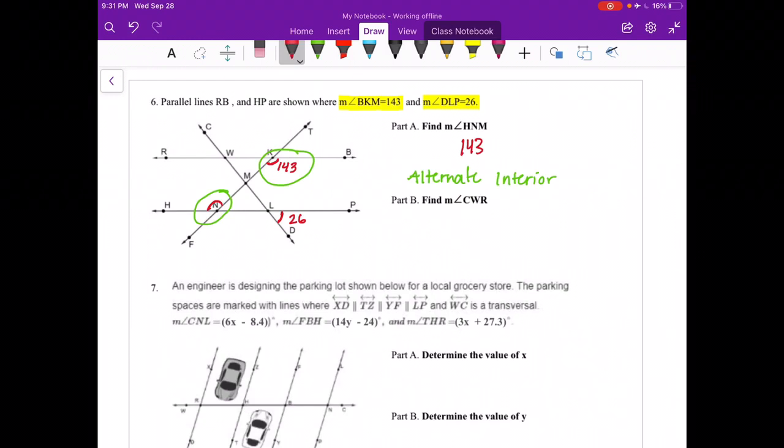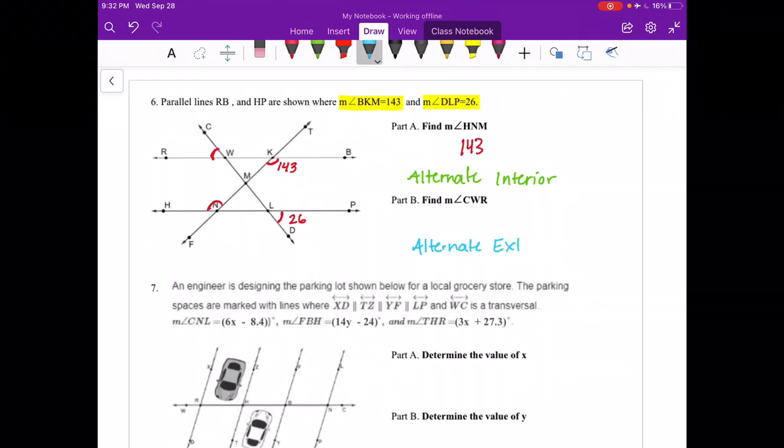Now let's move on to part B. For part B, we're finding the measure of CWR. And CWR is this angle in the upper left-hand corner. If we compare this to angle DLP, we'll notice that these are actually two alternate exterior angles.